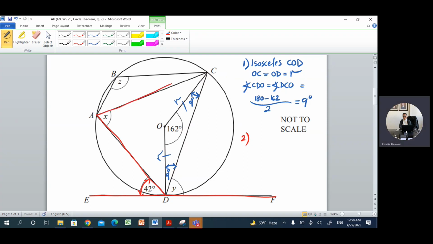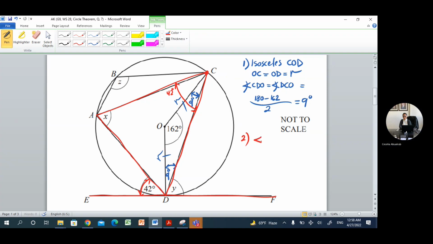Angle ACD is opposite to chord AD, or is facing chord AD, and it is a circumference angle. So this big angle here is equal to 42 degrees.